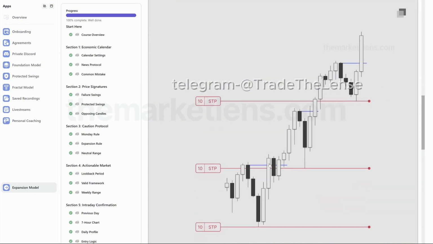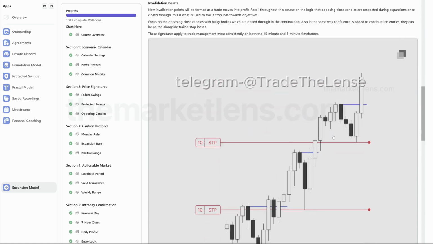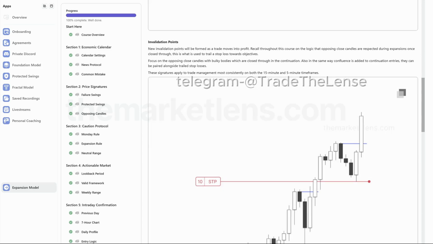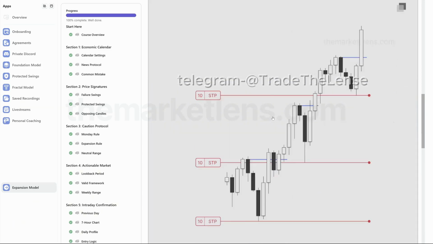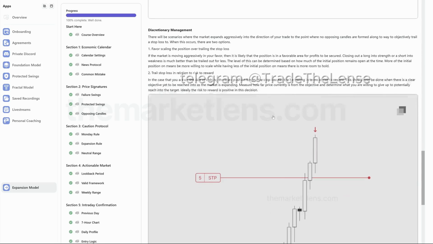Once they close through, we can trail to the opposing swing, close through, opposing swing, close through, opposing swing, trailing that stop loss. Those are good invalidation points along the way as the market is continuing. And I like the 15-minute and 5-minute to do this. And this is one scenario that can occur when you are trying to manage a position.